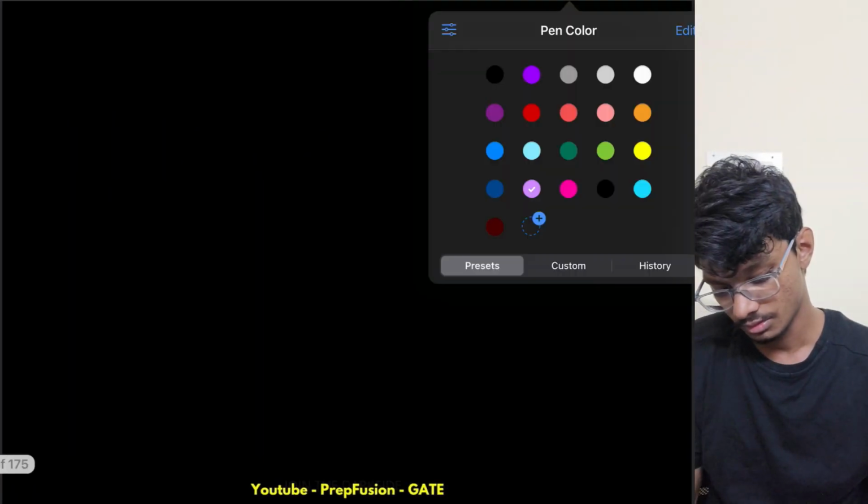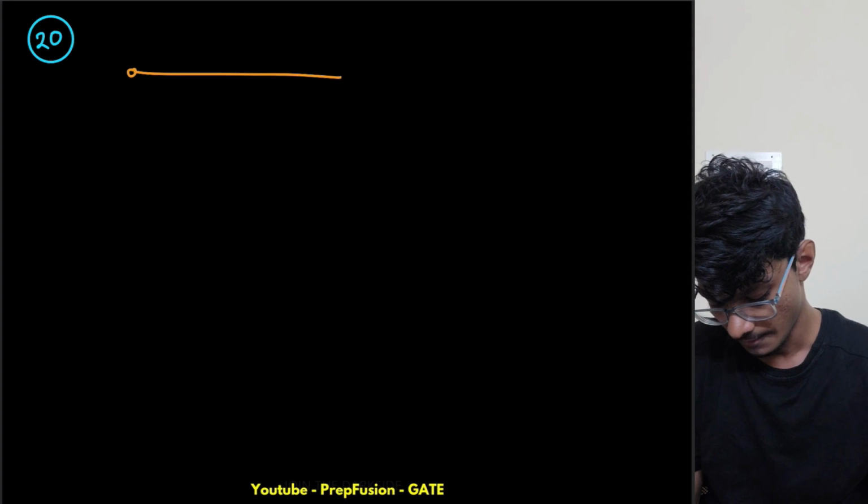This is another example question, the 20th question; that one was the 19th. Let me take one loop over here. This is a node and this is a node, and let's say I have a self loop here and a self loop here also.